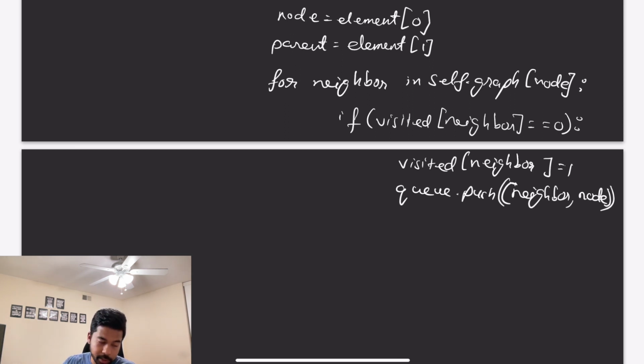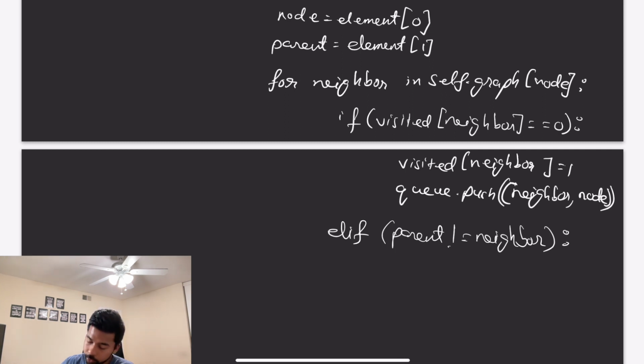So this is just basic BFS, right? Here we go, elif parent not equal to neighbor, which is the exact same thing I just told you in the DFS, the same logic, return true. The code exits outside the for loop, return false. And yeah, that's about it.